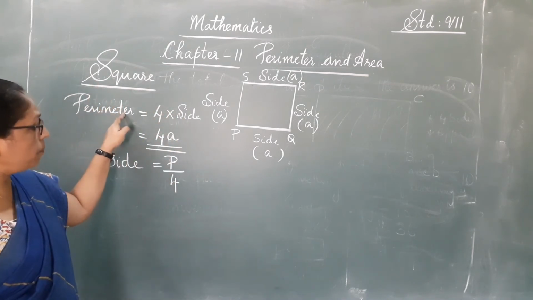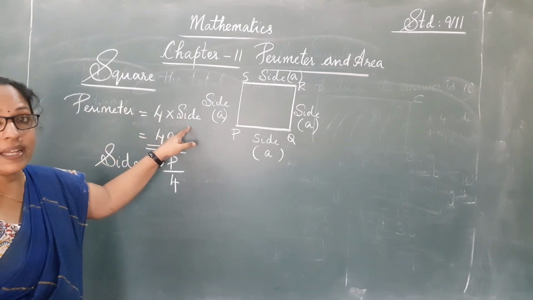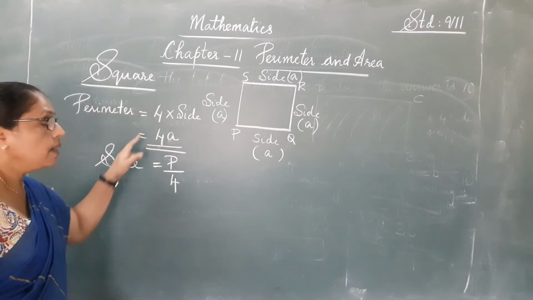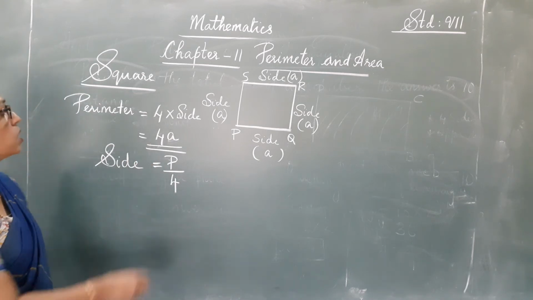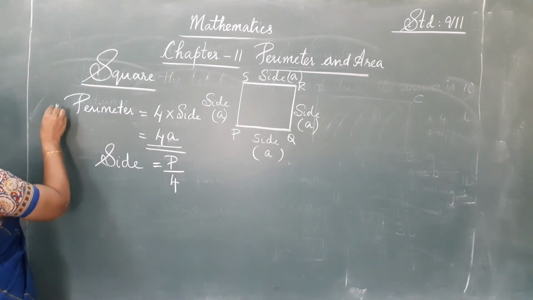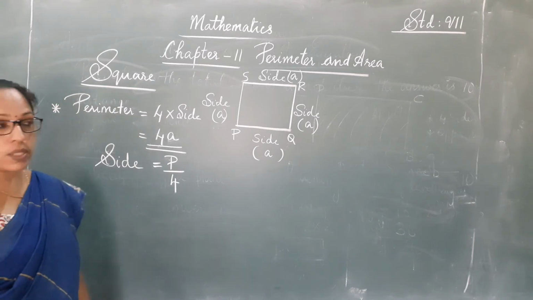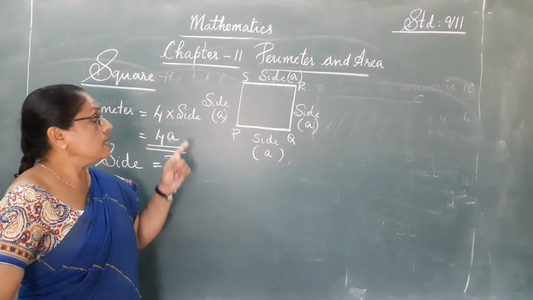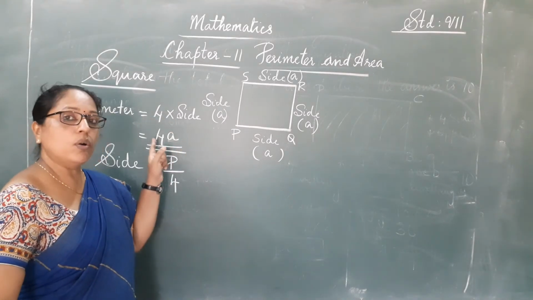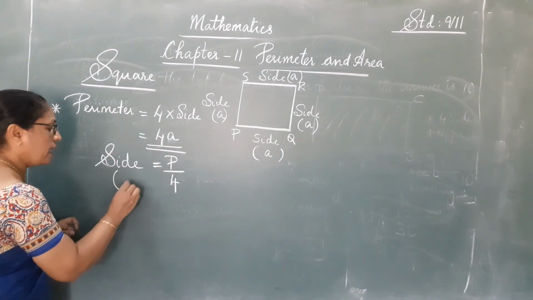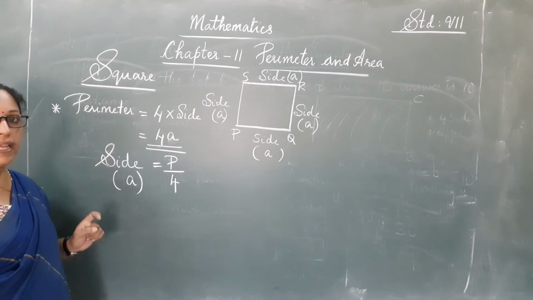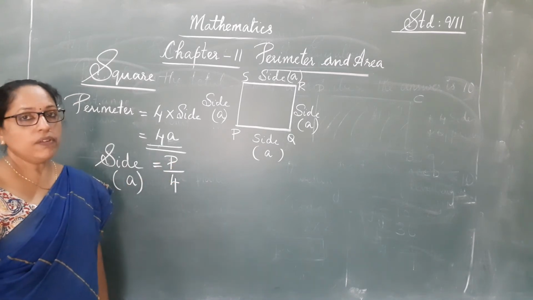To find one side, we divide the perimeter by 4. So the first formula you learned is the perimeter of the square: 4 into side or 4A. Then how do you find the side A? Perimeter divided by 4.